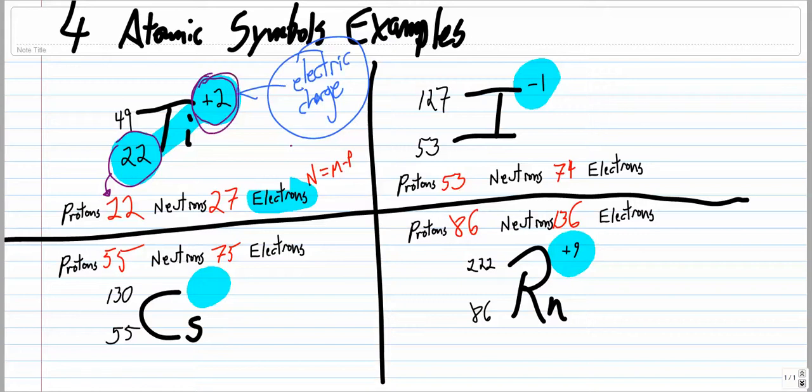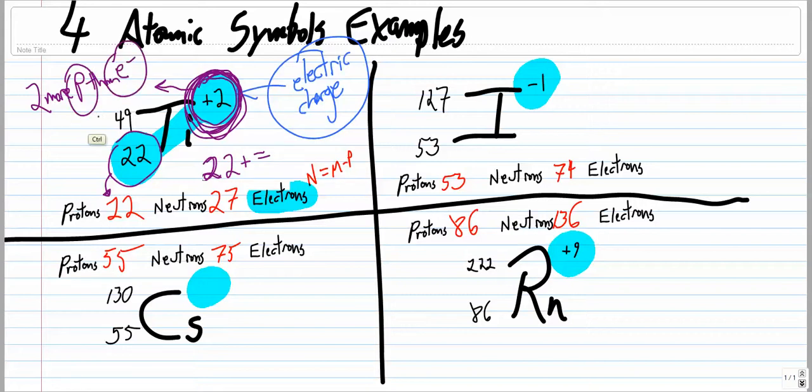But right here, we've got a plus 2 charge. So we've got our 22 protons, and we need a number of electrons that is outweighed by the number of protons. This plus 2, here's the way that I think of it. We've got 2 more pluses than minuses. In other words, we've got 2 more protons than electrons.